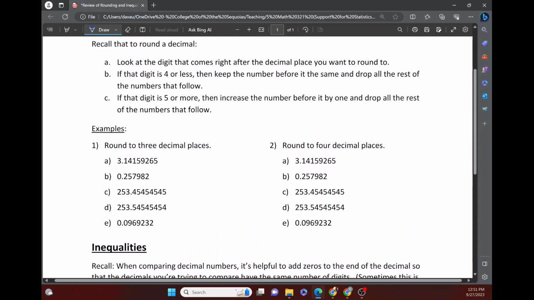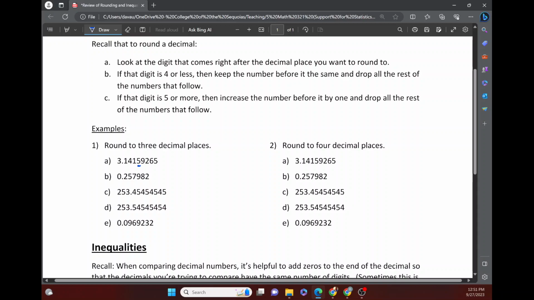Here on example 1, we're asked to round to 3 decimal places, and we have this first number, 3.1415925, which may be familiar to some of you, right? That's the number pi, approximately. So if we wanted to round this to 3 decimal places, we would look at the fourth digit that comes after the decimal. 1, 2, 3, 4. That's this number right here. Okay?